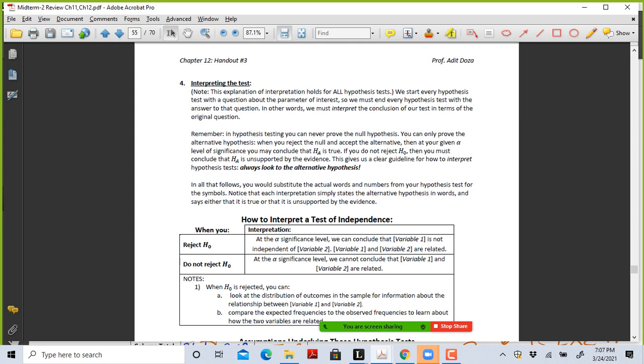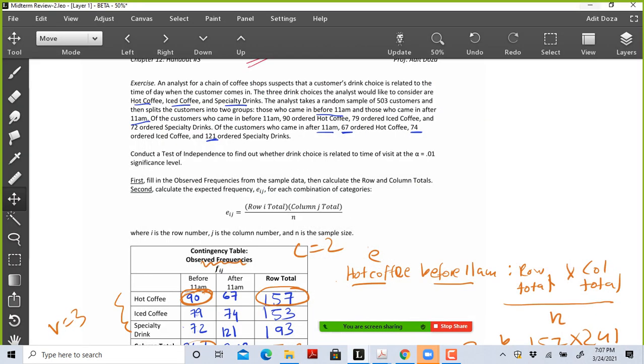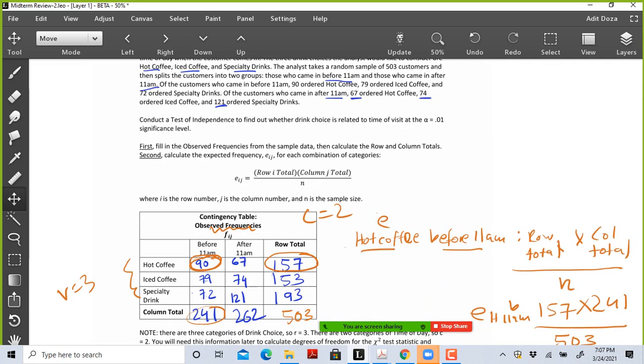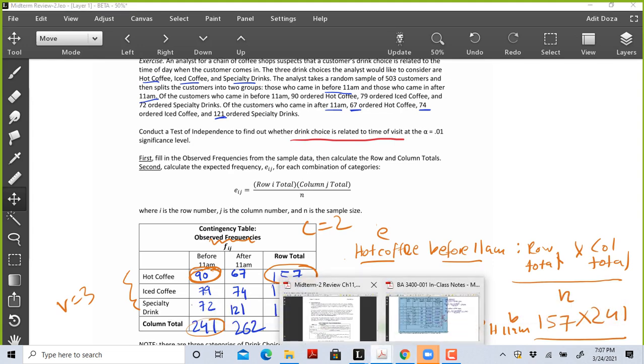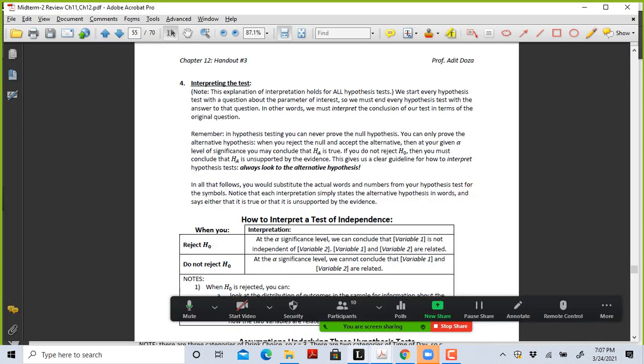That means variable 1 and variable 2 are related. So if we reject H naught, that means they are related to each other. So you can say that the drink choice is related to the time of visit, right? So these conditions should be in your cheat sheet as well. Where is it?